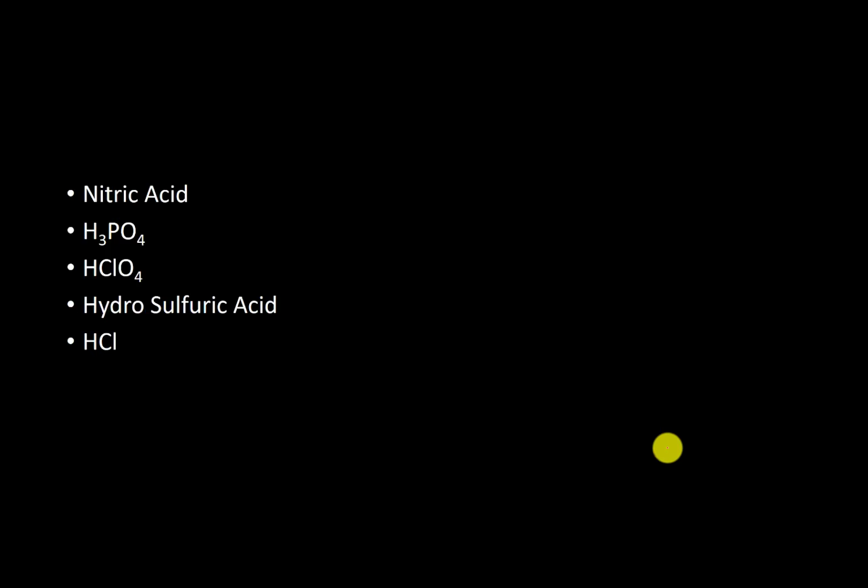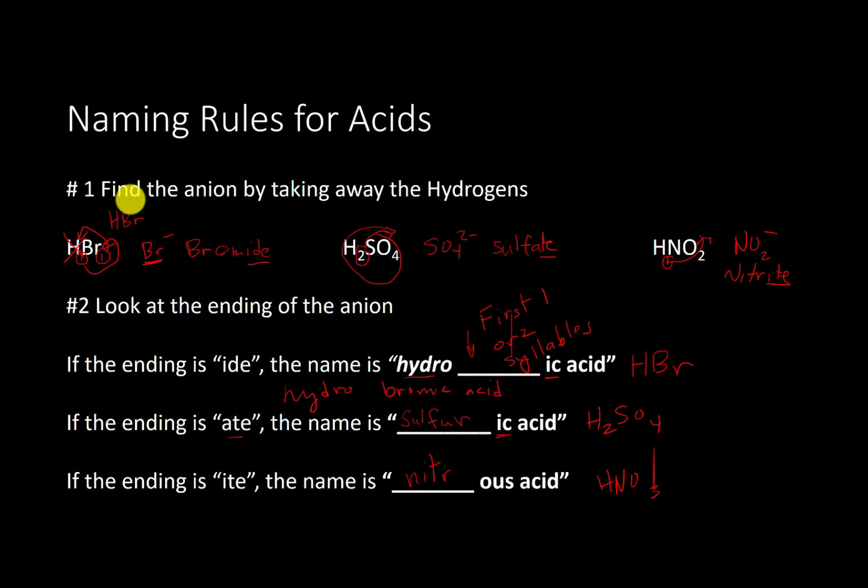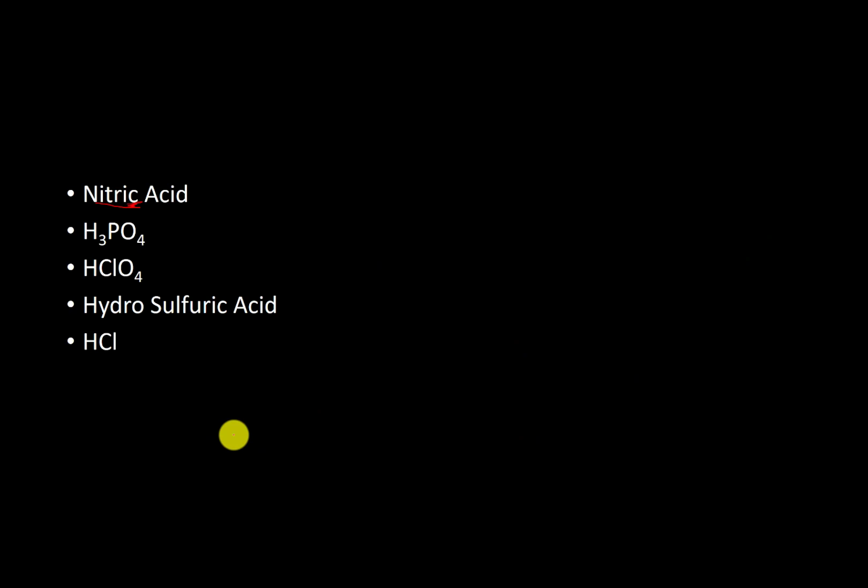A little more practice. We're going to be going backwards here. If we have something called nitric acid, ic, so if it's ic, now look at this. If it's blank-ic acid, then the ending of the base anion must be ate. So our base anion must be NO3 negative, because that is nitrate.